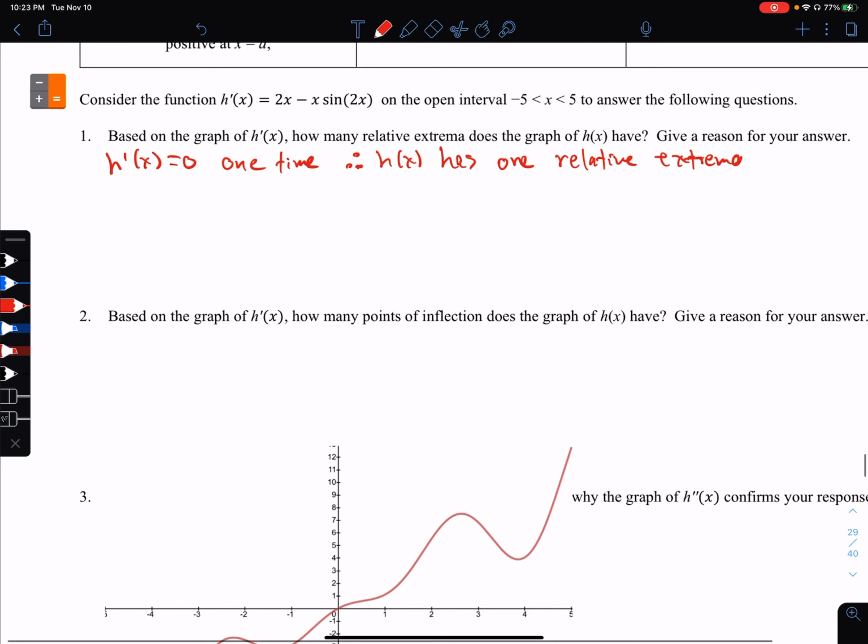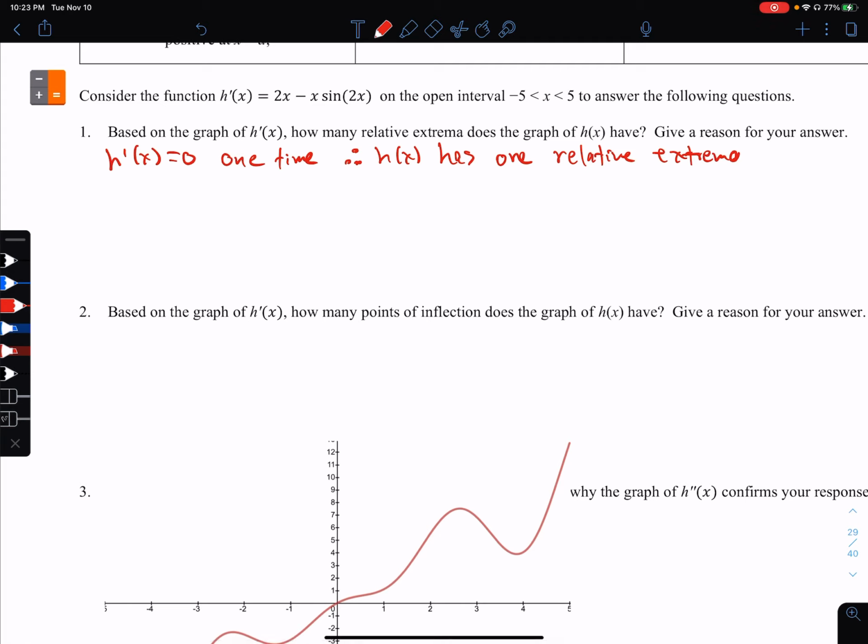So we could say h prime has 5 relative extrema on the interval from -5 to 5.